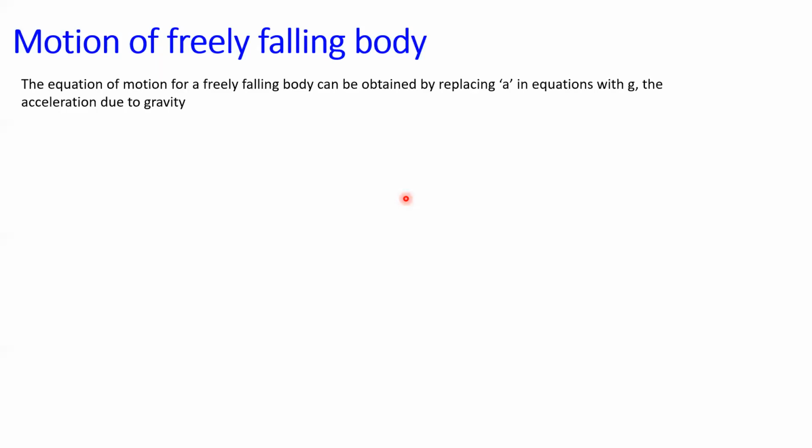When the objects are dropped in the absence of air, all the objects will reach the ground at the same time. The objects will experience acceleration when they come down. But this acceleration is independent of mass. Whatever may be the size of the object, they will fall at the same rate in vacuum.